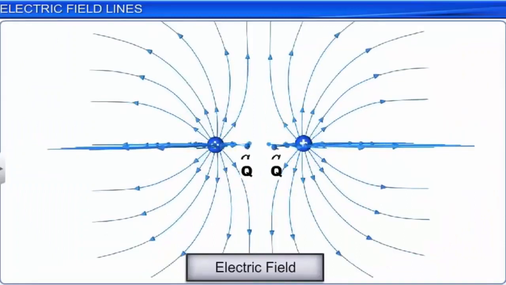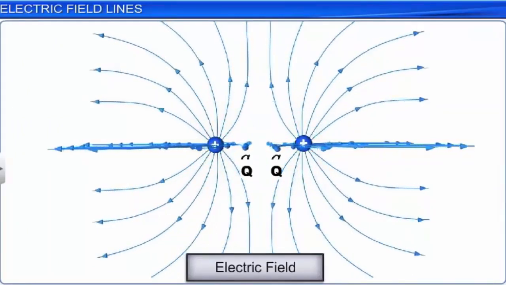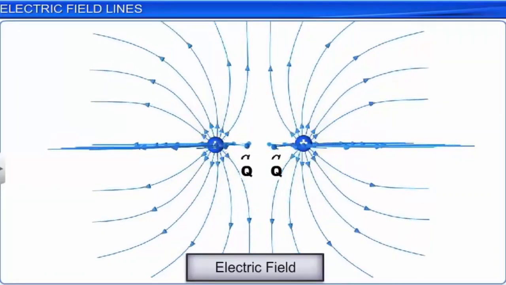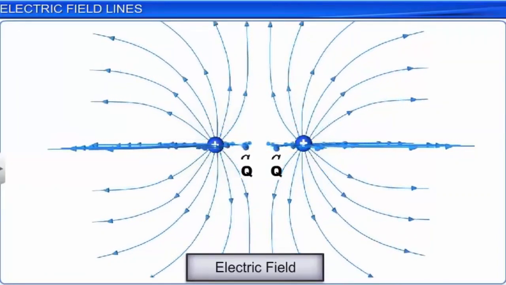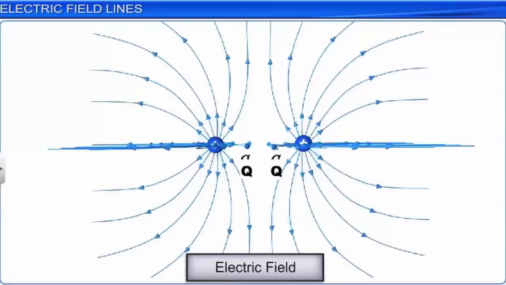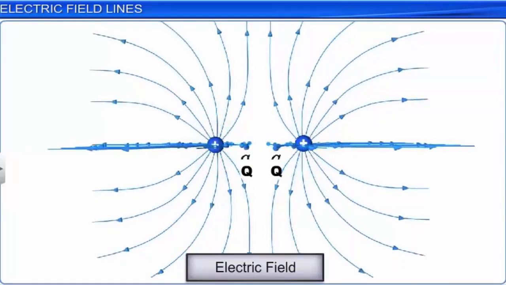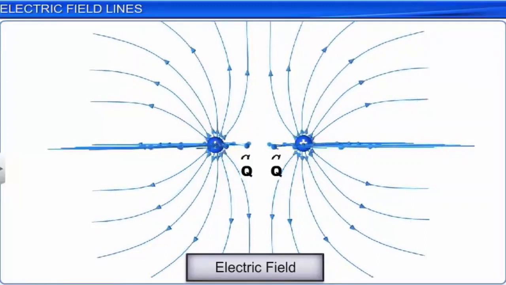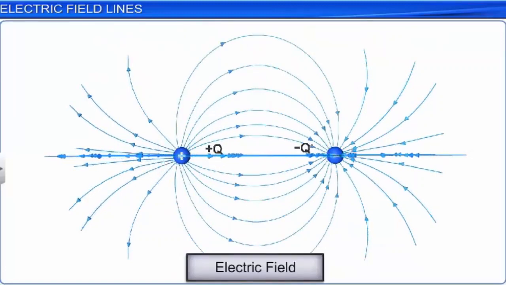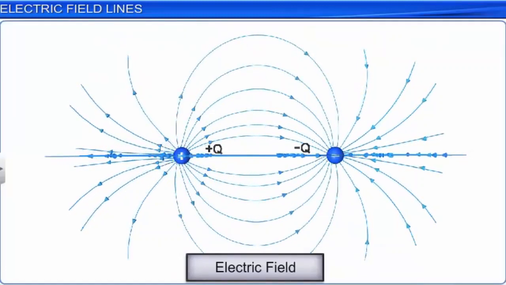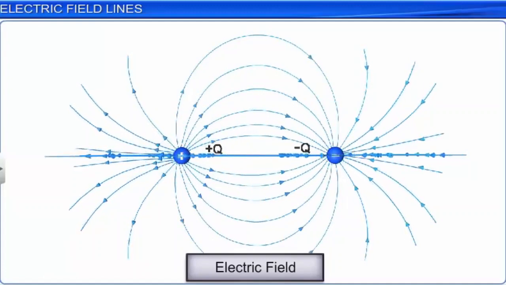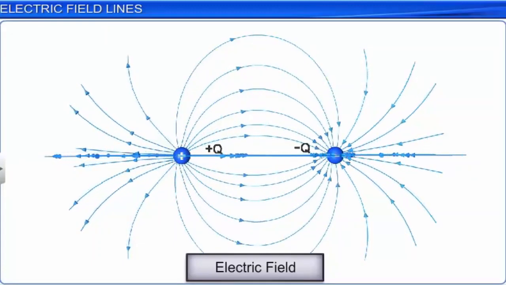Let us now visualize the electric field lines for a system of two positive charges, say plus q each. From the field lines, we can see a very clear picture of the repulsion existing between the system of charges shown. The electric field lines also help us in visualizing the electric field of a dipole consisting of charges plus q and minus q.